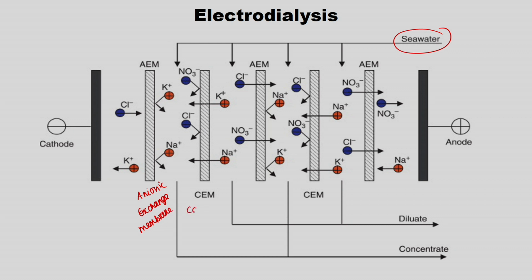CEM is cation exchange membrane. Okay. So, your anion and cation exchange membranes are stacked in an alternating manner. Your sea water is being fed in between the anionic and cationic exchanging membranes.